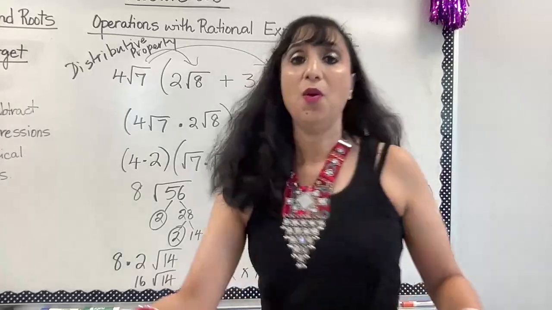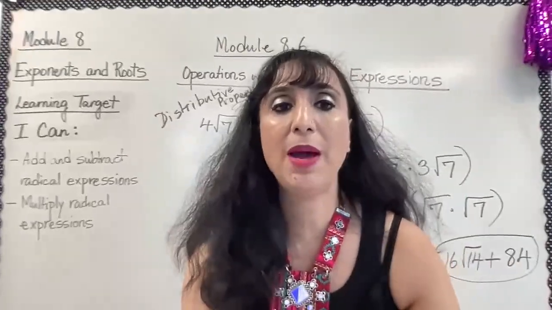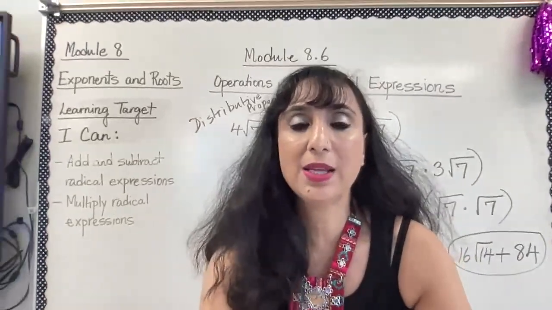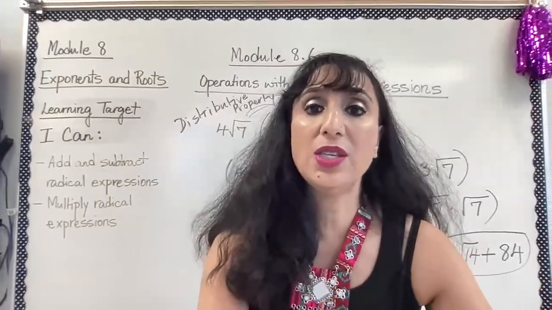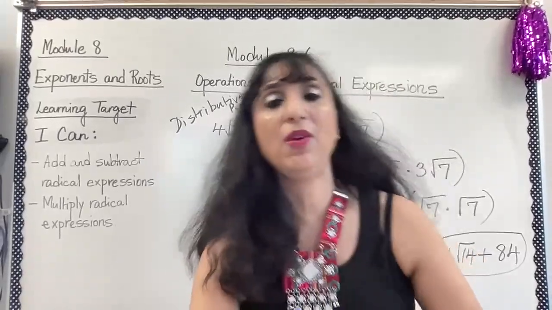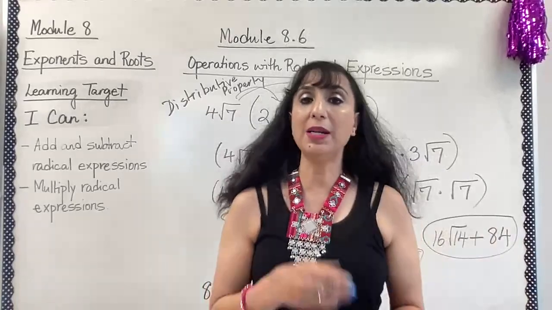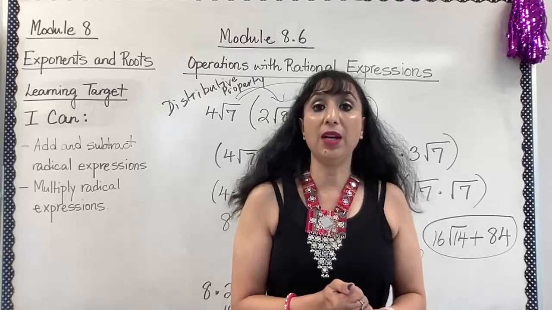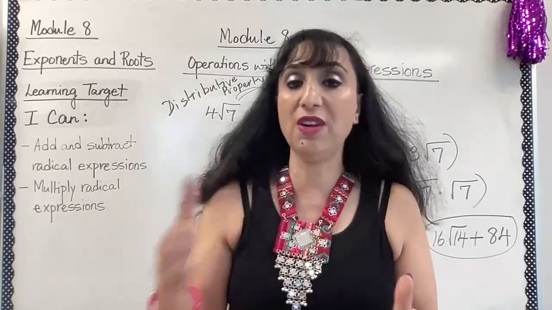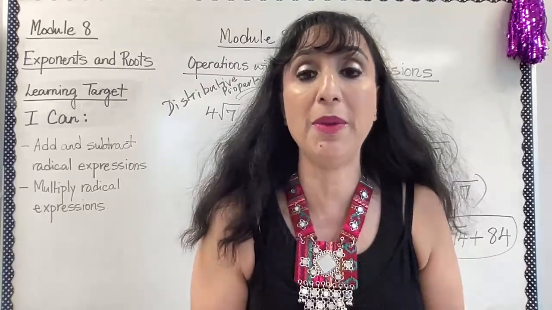Okay, so once again, in module 8.6, please remember that you can add and subtract as well as multiply radical expressions using the same format that we did for monomials. And then for multiplying with binomials, I showed you how to do the distributive property, but also use the FOIL method, which you are familiar with.